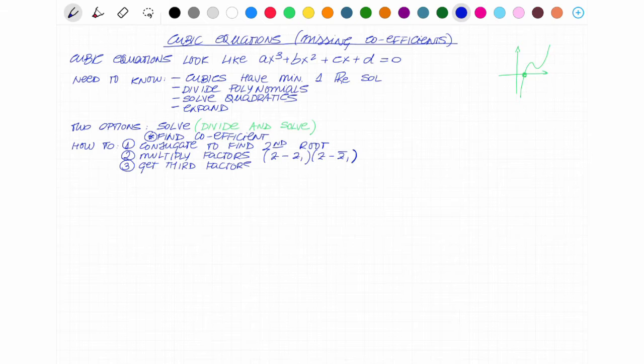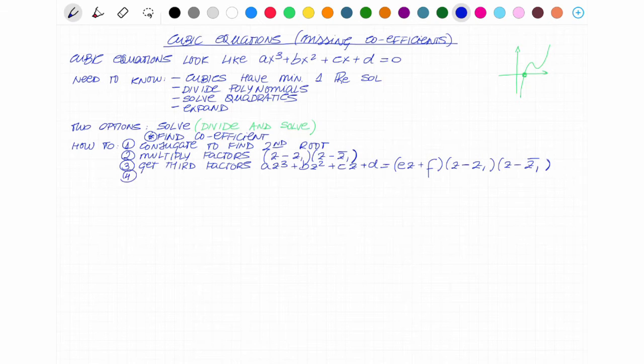Because remember, if I've got a cubic, that is going to be the result of three factors multiplying each other. One that you don't know times the two that come from finding the root and the conjugate root.